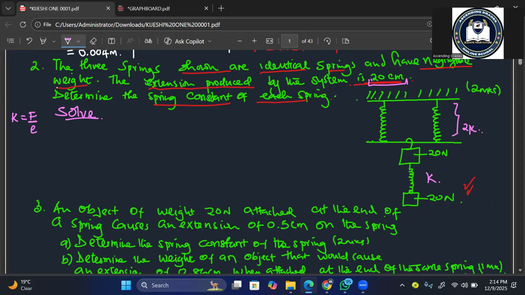So if we need extension, then it will be force over K. We are having two parts, the upper part and the lower part. So upper parts, we expect to produce, maybe you can give it E1 to be the force over 2K. Then you can call this one maybe to be equation 1.